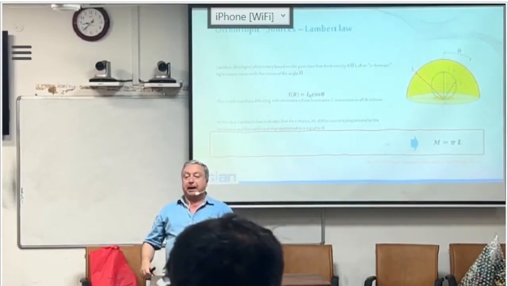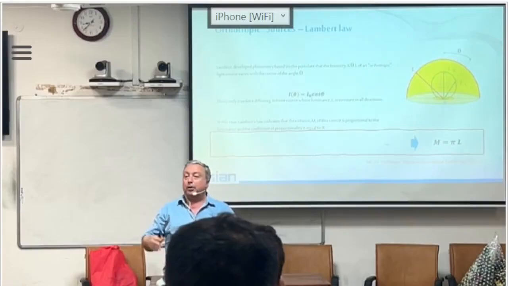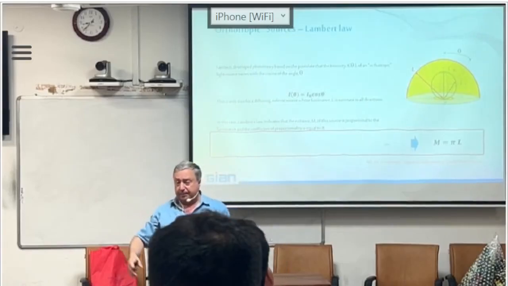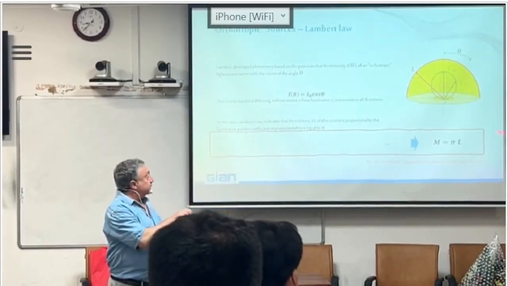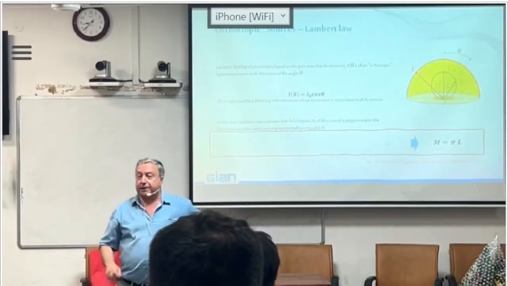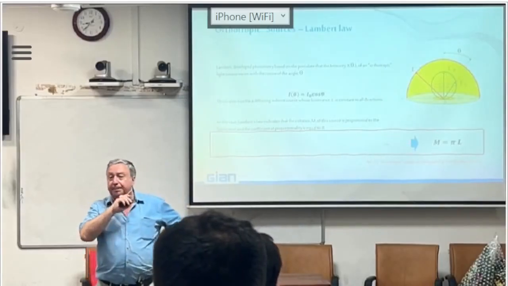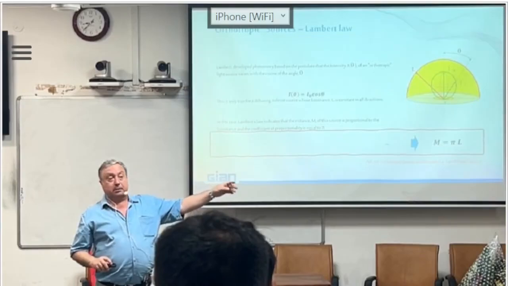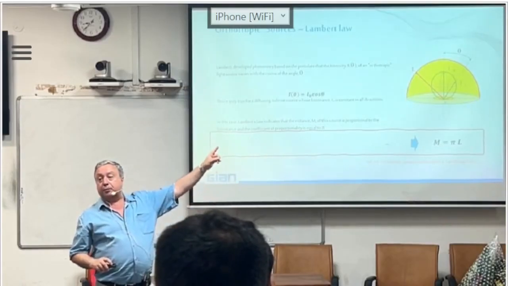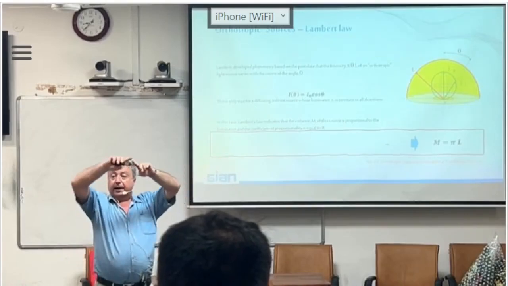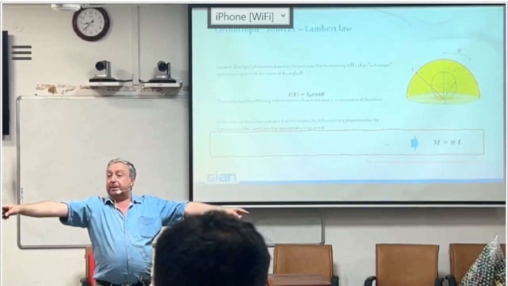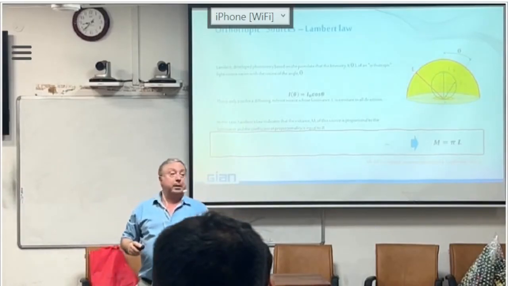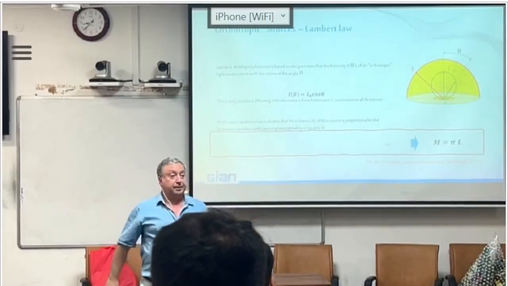And if you have this kind of surface, that is usually a non-reflecting surface, like walls, a piece of paper, the sky, then if you measure the luminance L of the surface, the emittance of the surface is π times L. If I take a luminance meter and measure the luminance of the sky, then I can find the emittance of the full sky in lumens per square meter of the sky.